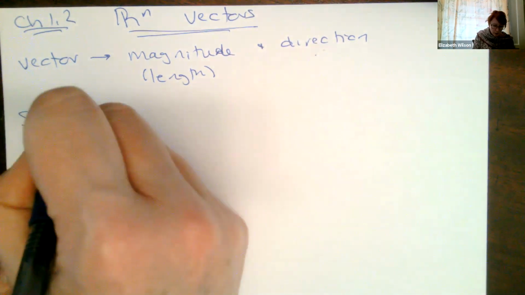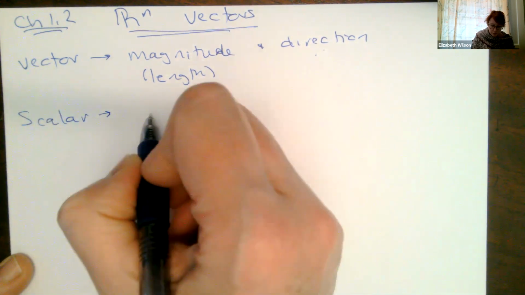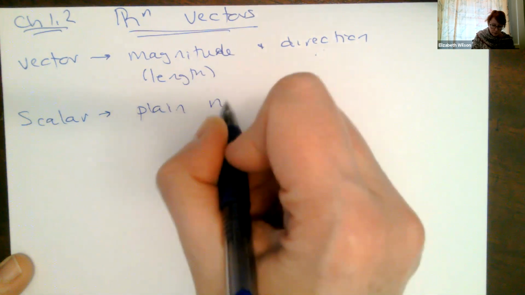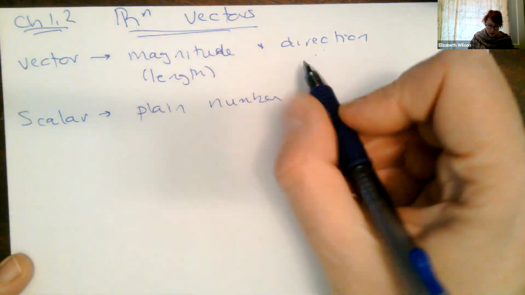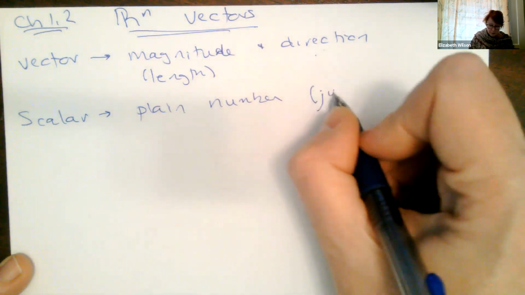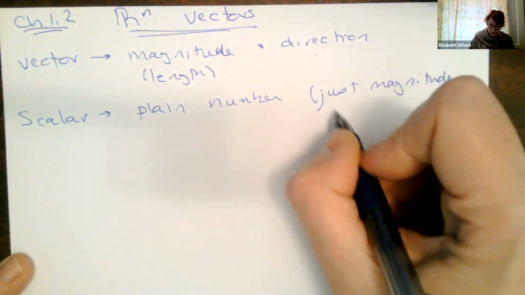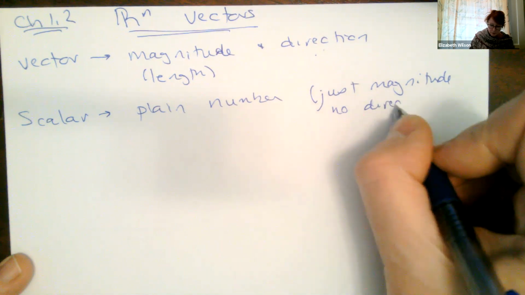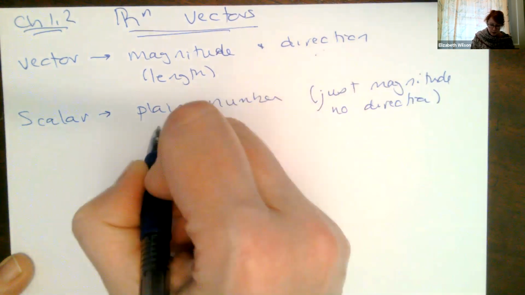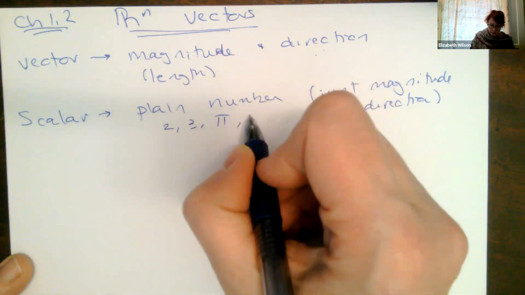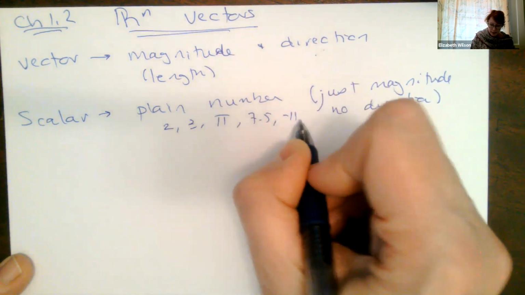As opposed to a scalar, which is just a plain number, with just magnitude and no direction. This is like 2, 3, pi, 7.5, minus 11, you get the idea.